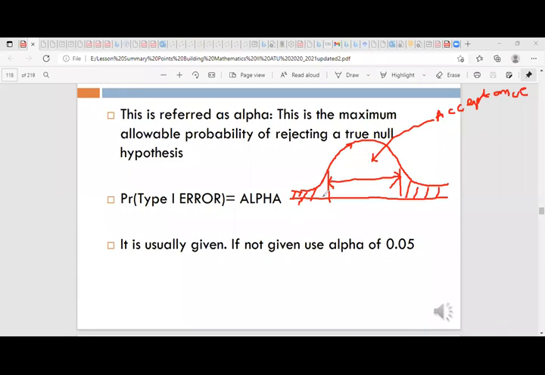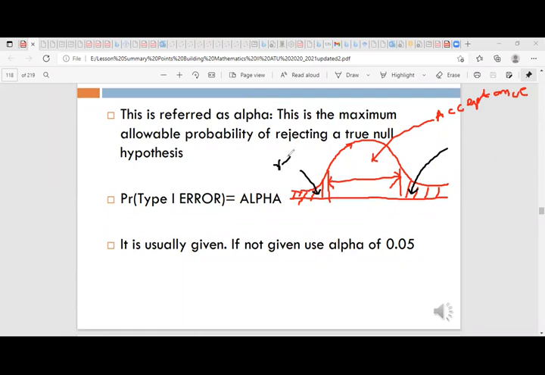You begin from the null, and when the given decision rule falls within this area, we say that we are rejecting.